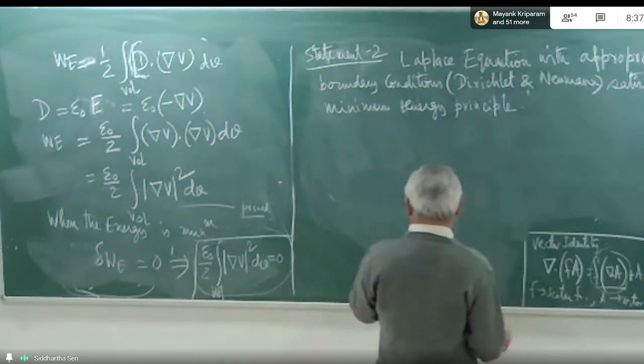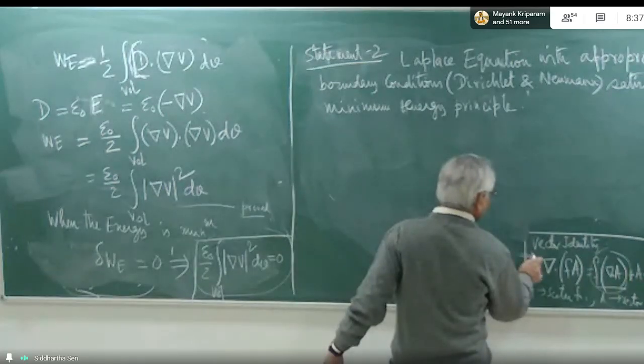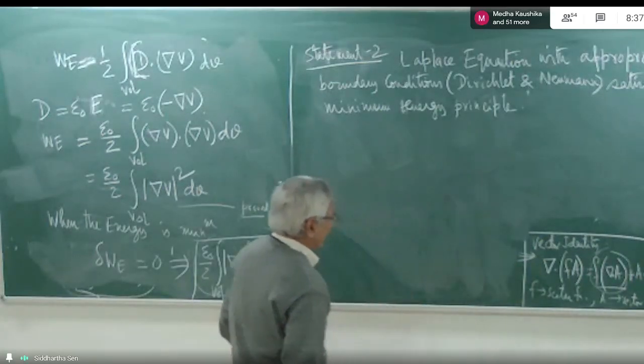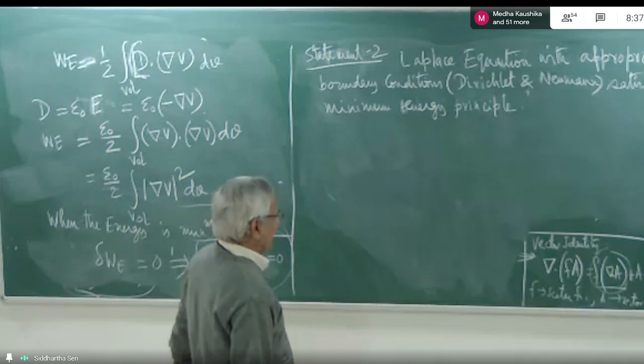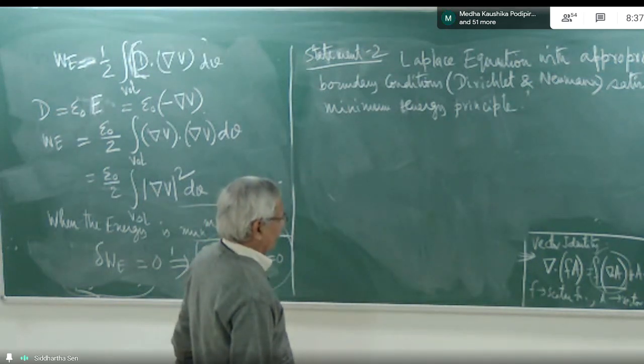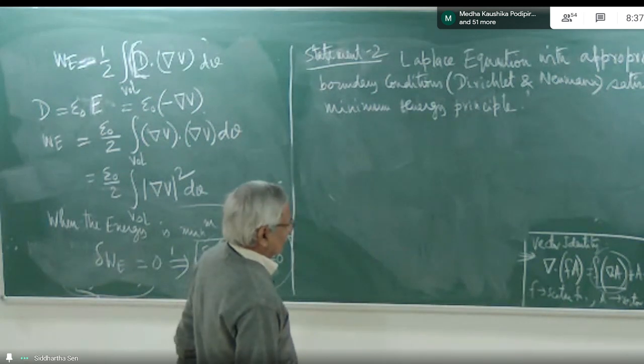So I will take this equation, again the vector identity: nabla dot (f A) is equal to f into nabla dot A plus A dot nabla f.